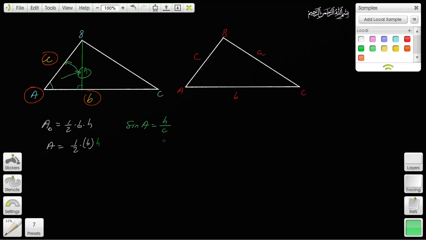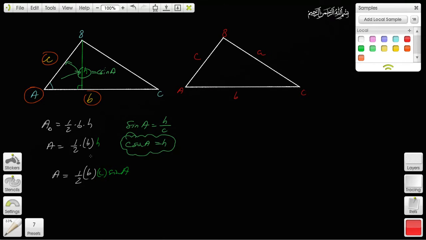Solving for h, h is c times sine of A. Then you can substitute that in this formula, so the area of this triangle is 1/2 the base times the height, which is c times sine of the given angle A.